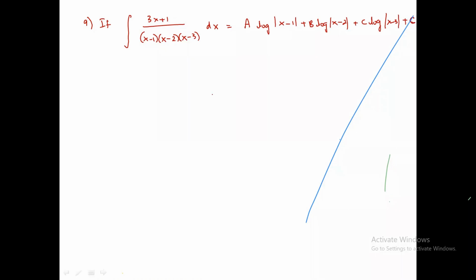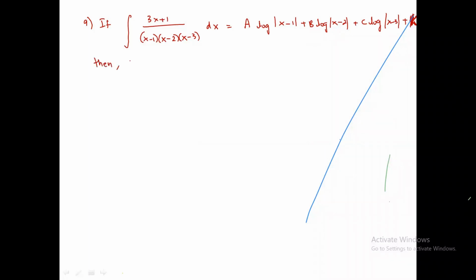Here they have given 2 c's. That is a little bit confusing. So actually in the question it is given c, but we will take it as k. This c I am changing to k because with 2 c's you will get confused. So I'm changing the question slightly.